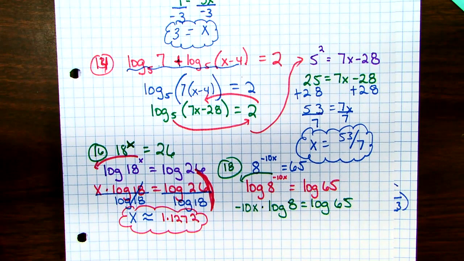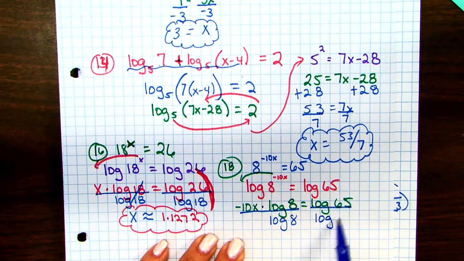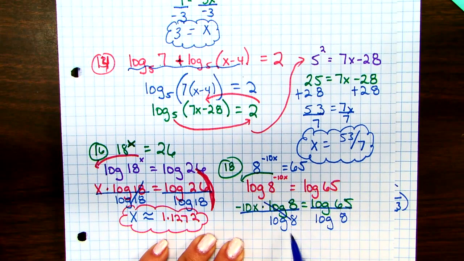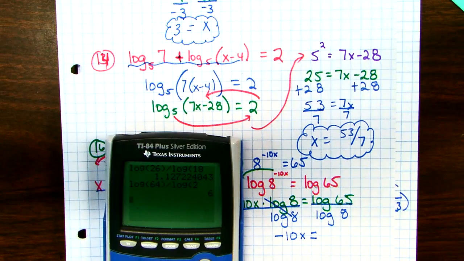Remember, it's tricky. How do you solve an equation with an x up in the air? We need the x on the ground, not as an exponent. Right? So just like the other ones, we'll divide both sides by log 8. Okay, so I have negative 10x equals whatever I get when I put that in my calculator.